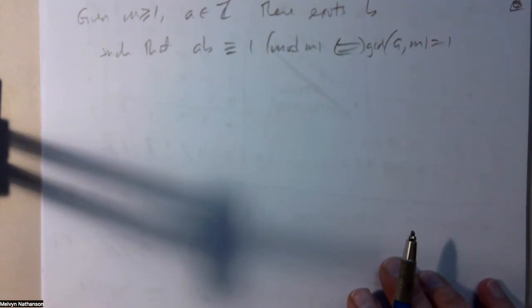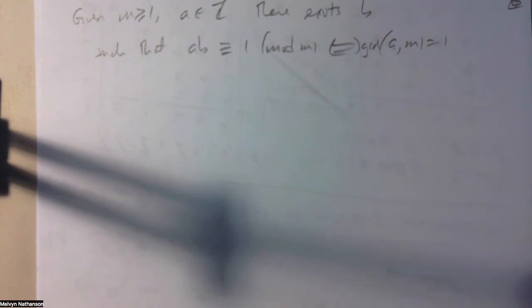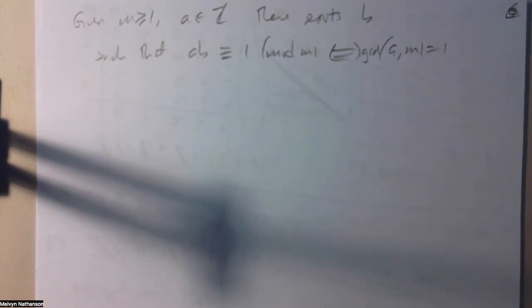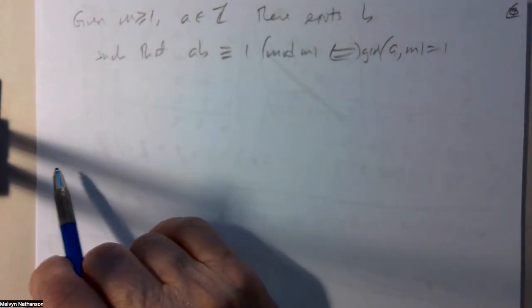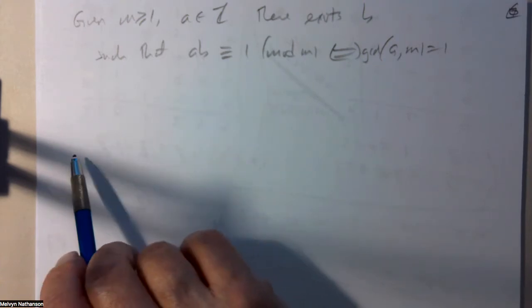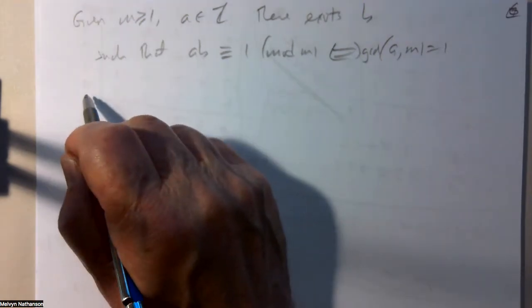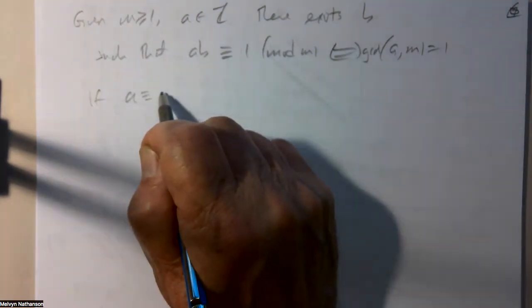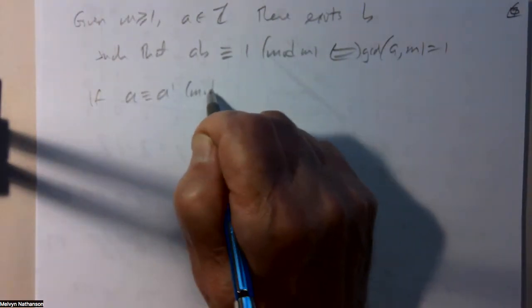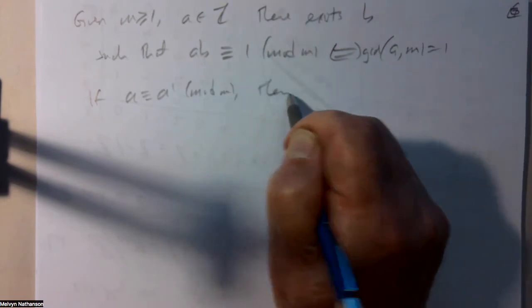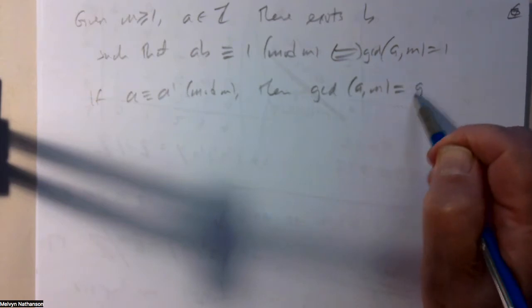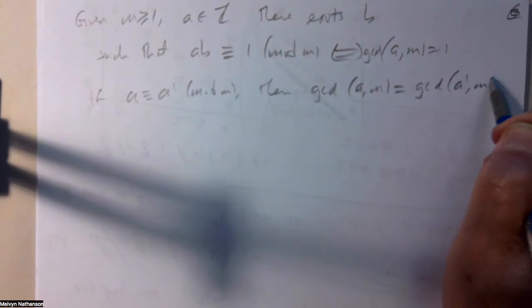So it's useful to know which numbers are relatively prime to m, the numbers for which a and m are relatively prime. And it only depends on what we would call the congruence class modulo m. So if a is congruent to a prime mod m, then the greatest common divisor of a and m is the same as the greatest common divisor of a prime and m.